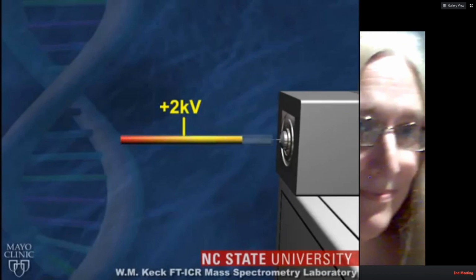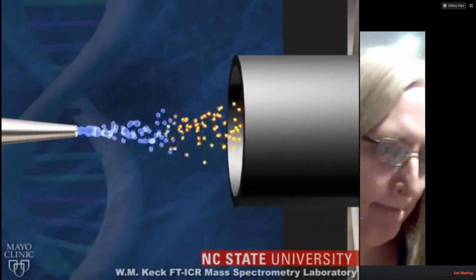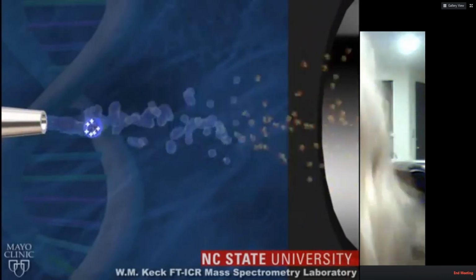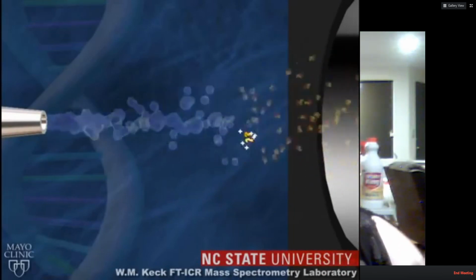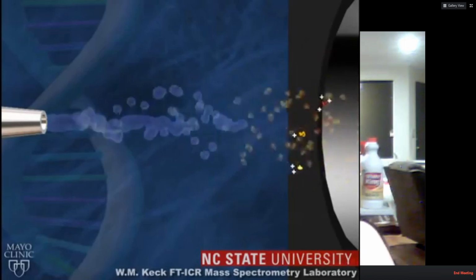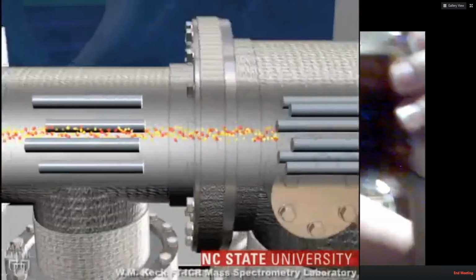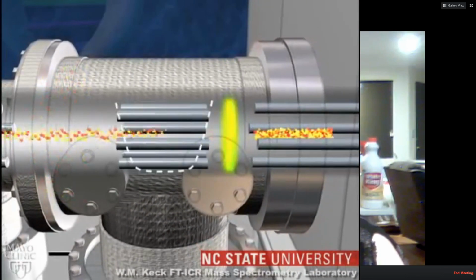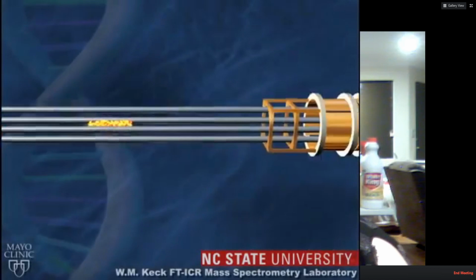Okay, so the sample gets introduced into the mass spec where it gets trapped in a circular, static, and uniform magnetic field. They start moving in a circular direction perpendicular to the direction of the applied field. The particles with a smaller m/z ratio will move faster in this field, which will then separate them out further and further.